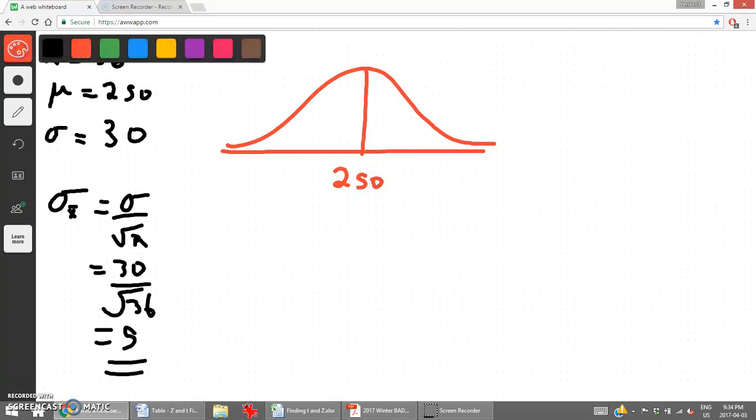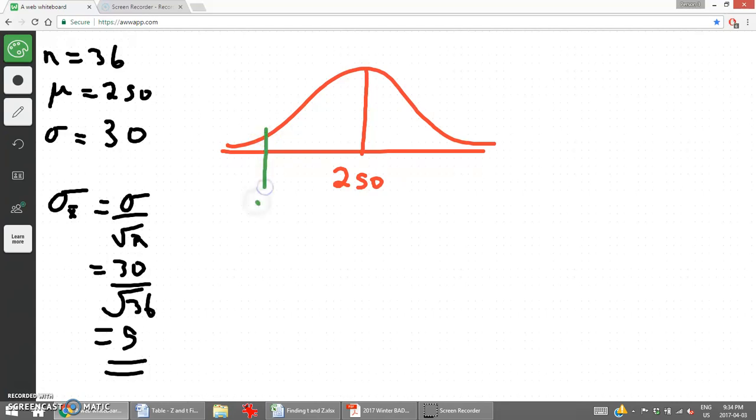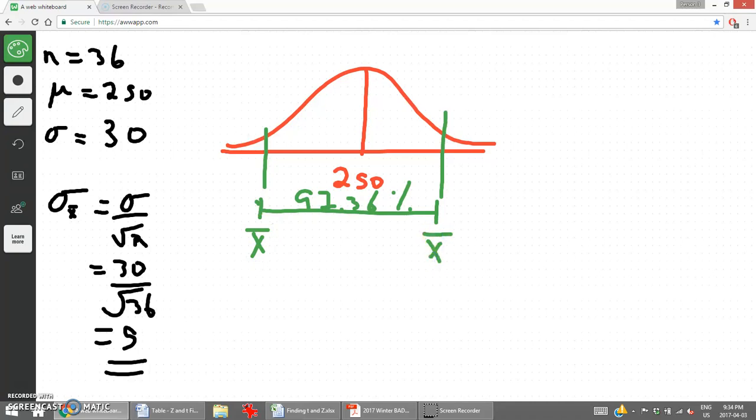We want to compute the interval that would contain 97.36% of all possible sample means. We want to find the sample mean on the lower level and the sample mean on the upper level.